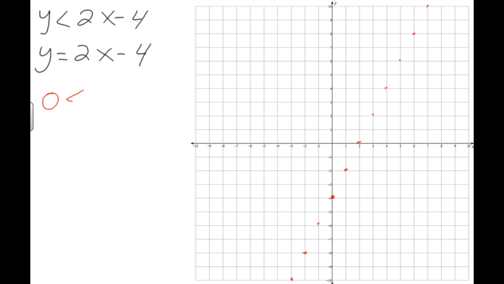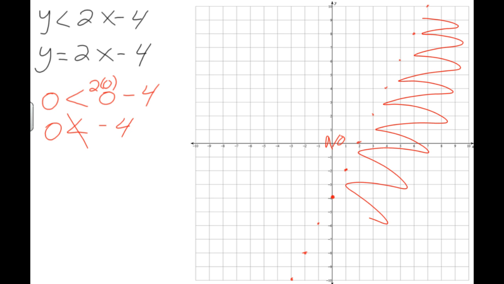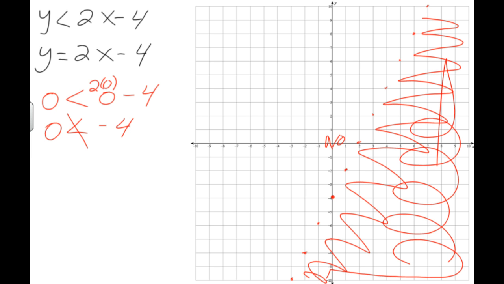Is 0 less than 0 minus 4? Because remember, for some of you, you forgot we have to go 2 times 0, the x value. That gives me 0. So 0 is not less than a negative 4. So 0 is a no. I think so far we've only had, I don't know, did we have a yes yet where 0 worked? So there is my graph.